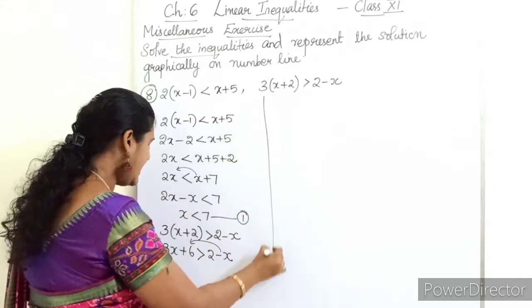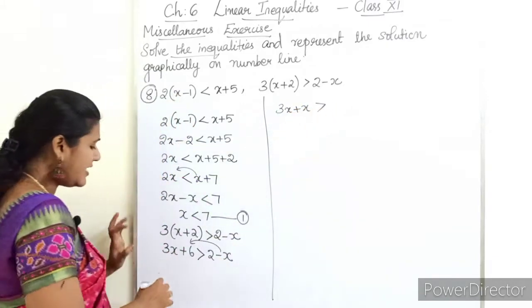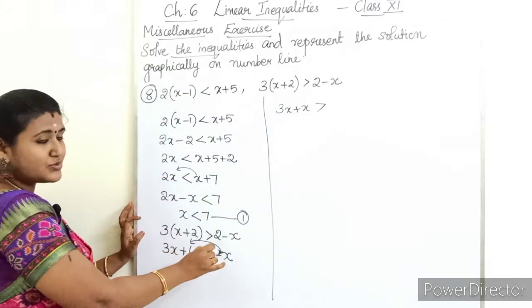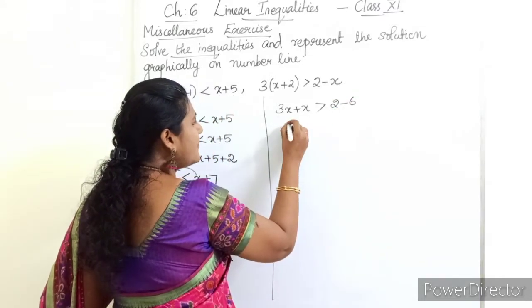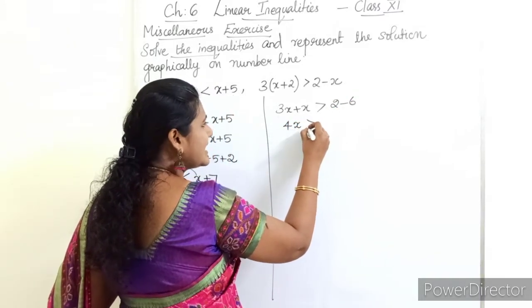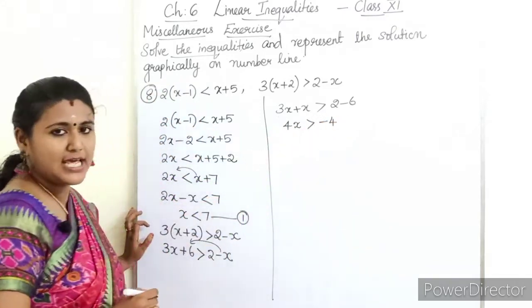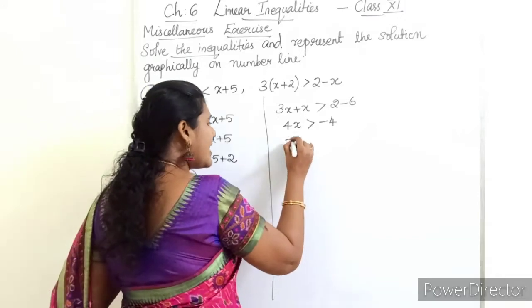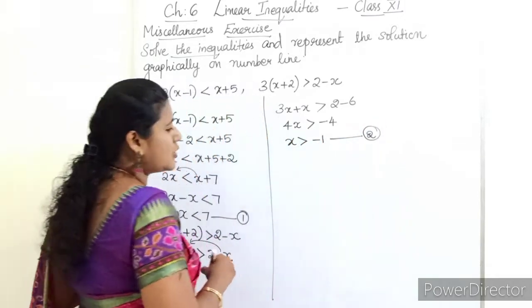So we can write 3x plus x is greater than, and we will take this plus 6 to this side, so 2 minus 6. When you simplify, you will get 4x is greater than minus 4, and here we divide the inequality by 4. So x is greater than minus 1. This is the second inequality.